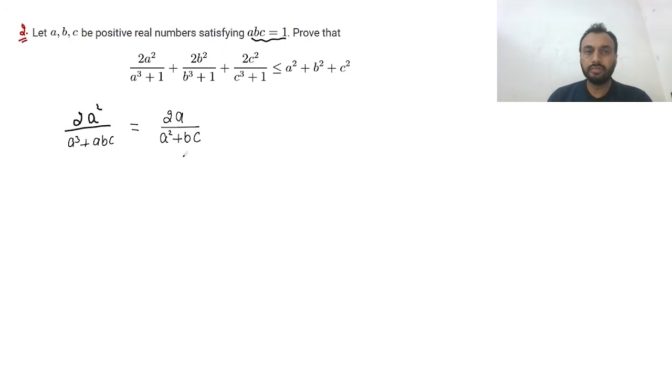So we just try to simplify the expression. Now can we further simplify that? Using abc is 1, or what I can try, I can divide by a, and I will get a plus bc by a, right?